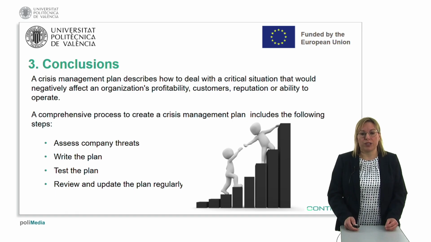The process to create a crisis management plan consists of assessing company threats and taking action to reduce identified risk, writing the plan considering specific response action plans, testing such a plan to prove that it's operational, and finally, revising and updating the plan regularly to confirm its effectiveness in the event of a real crisis.